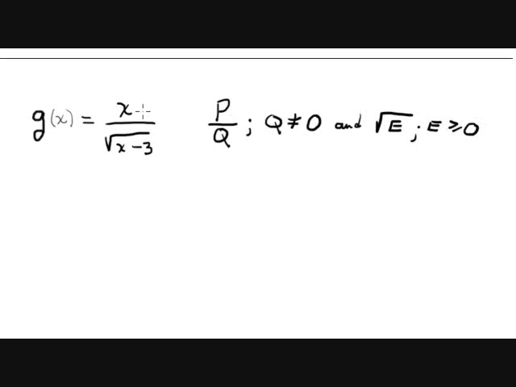So this example is a combination of both situations, fraction and radical. Because when you set up the restriction, the radical x minus 3 must be different to 0, and the expression inside the radical, which is x minus 3, must be non-negative.